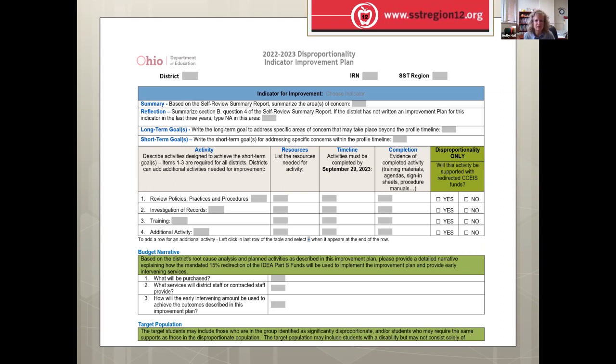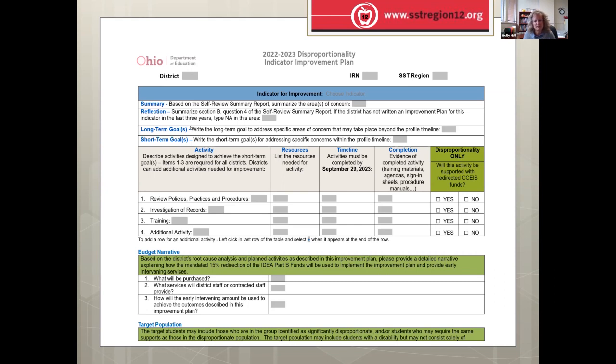But so you can see at the top of the box, you can indicate which particular indicator you're responding to, and there's a spot to summarize your areas of concern. There's a spot for that reflection question for those of you who have had findings within the past 3 years.